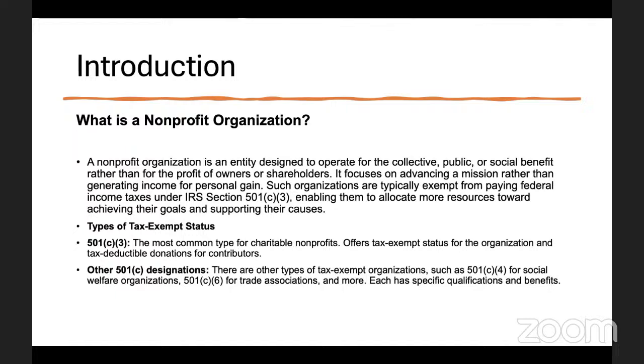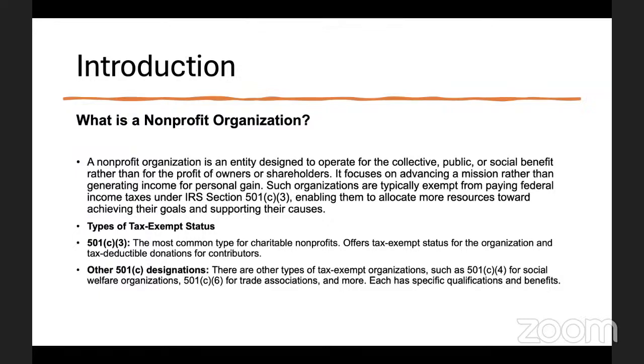So you get a receipt and a deduction. It's not only going to help the organization, it's going to help the person who donates as well, because they will get it back as a tax deduction.